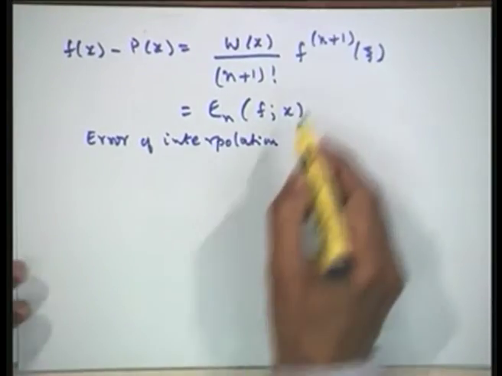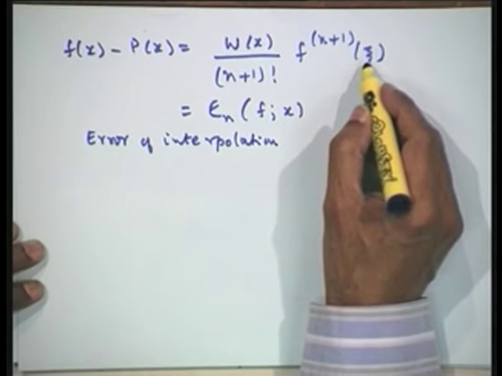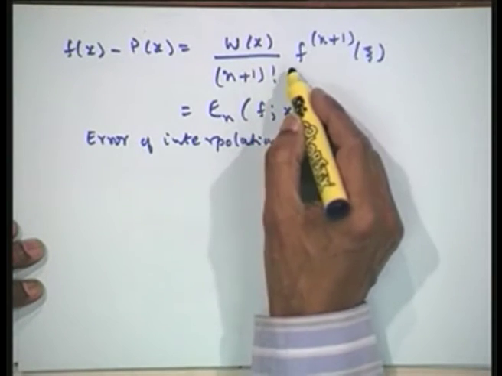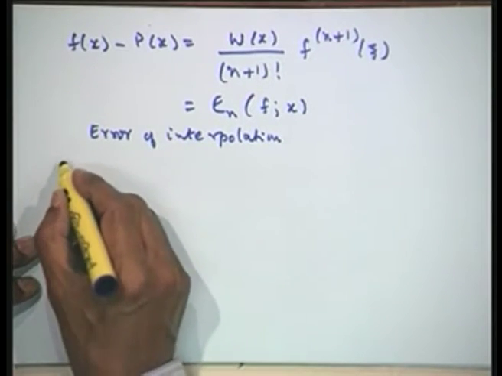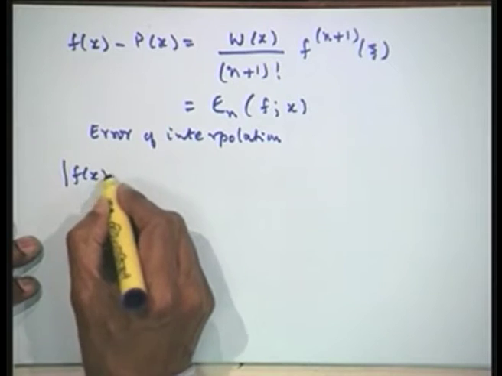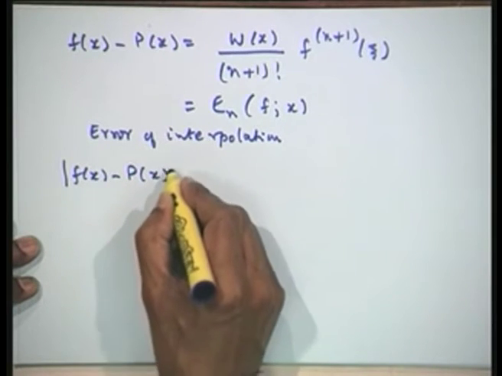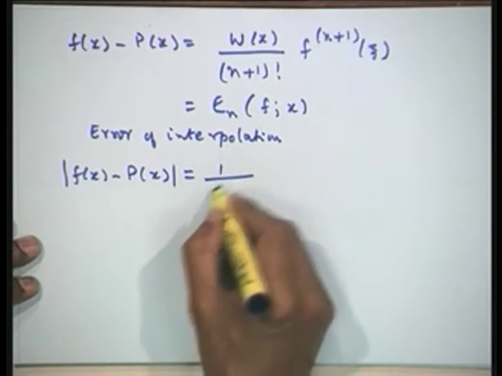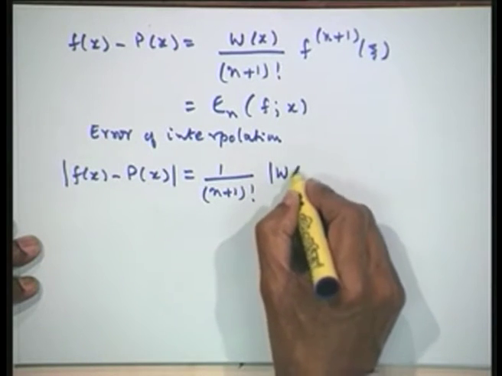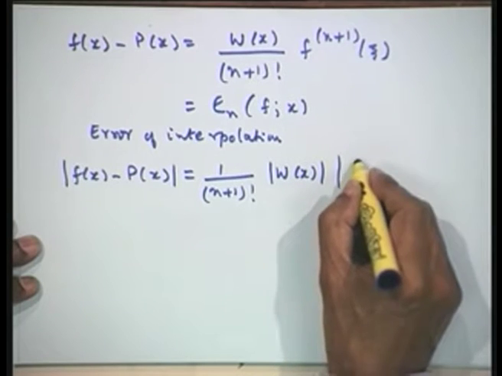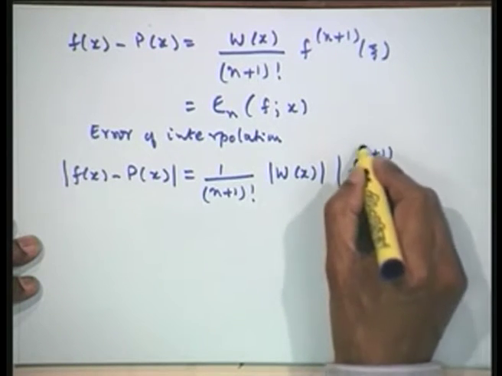Now since this xi is unknown to us, it is not possible for us to evaluate this expression, but we can bound it. So let us find the bound, the magnitude of this. N is a number, so I can write it outside, this is magnitude of w(x) into magnitude of f n plus 1 of xi.